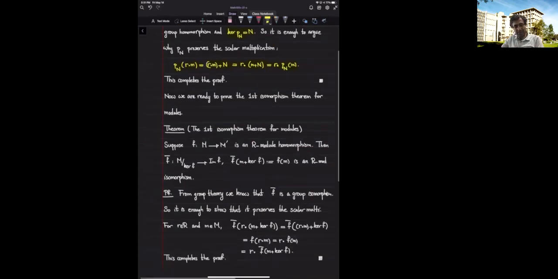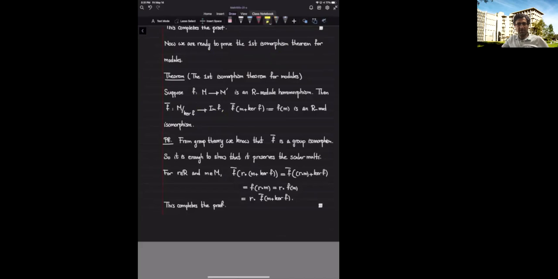Okay, so now we are ready to go to the first isomorphism theorem. What is the first isomorphism theorem? Let's start with the statement. The statement says that f is an R module homomorphism from M to M prime. So it's an R module homomorphism, similar to group theory and ring theory.